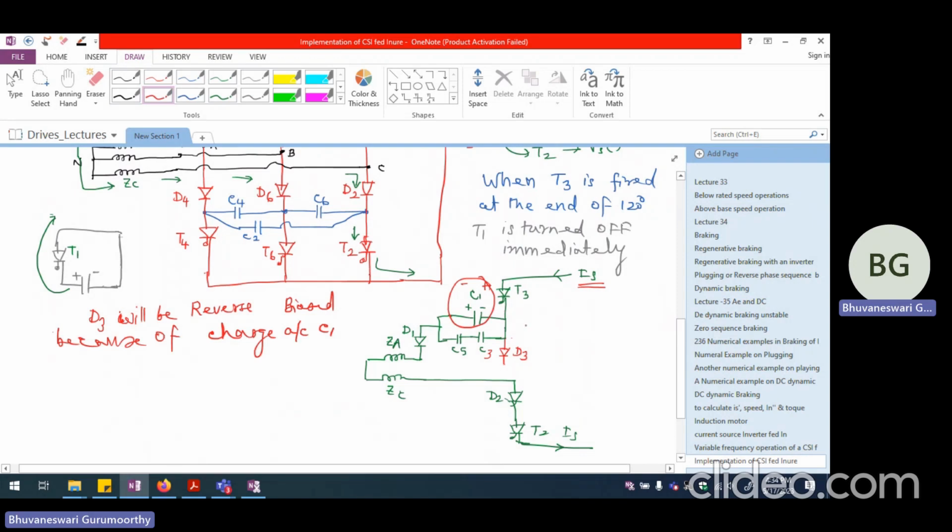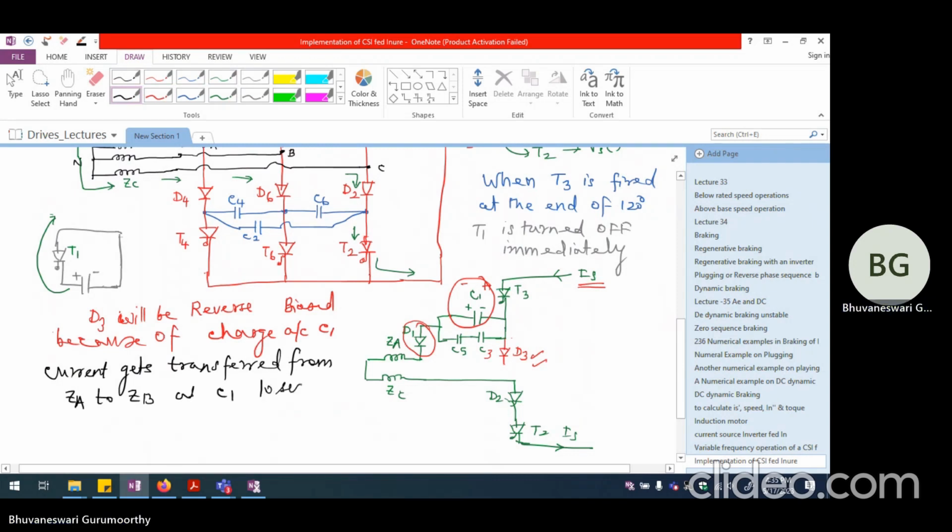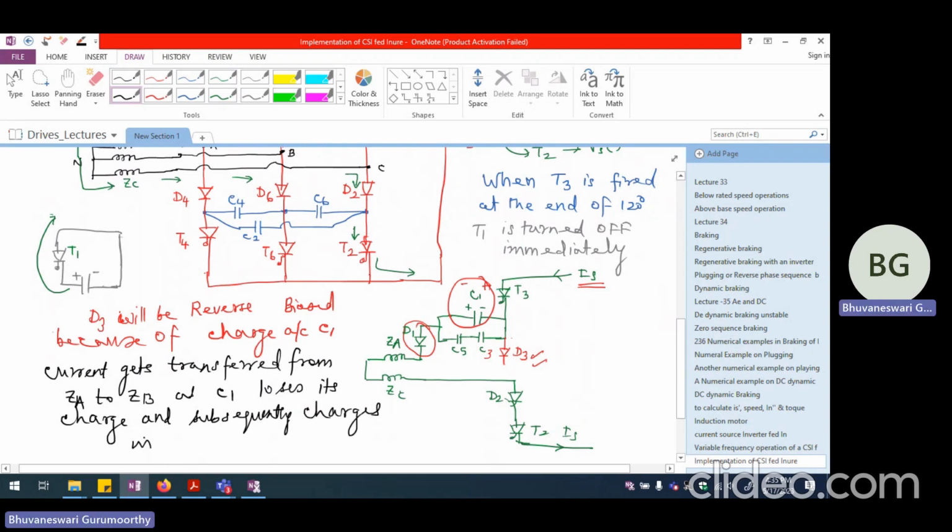So once the charge across C1 reverses, eventually D3 will become forward biased and D1 will get out of conduction, and the current will be slowly transferred from ZA to ZB as C1 loses its charge and subsequently charges in the reverse direction.